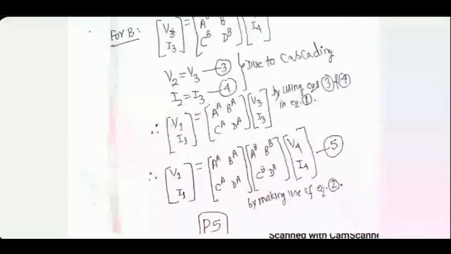If you have networks cascaded with each other, you go for ABCD parameters. But in the process, you have to go back and forth, converting from one kind of parameters to another all the time. That is why I'm insisting on you doing derivations, how to derive Y parameters from Z parameters, Z from Y parameters, and so on.